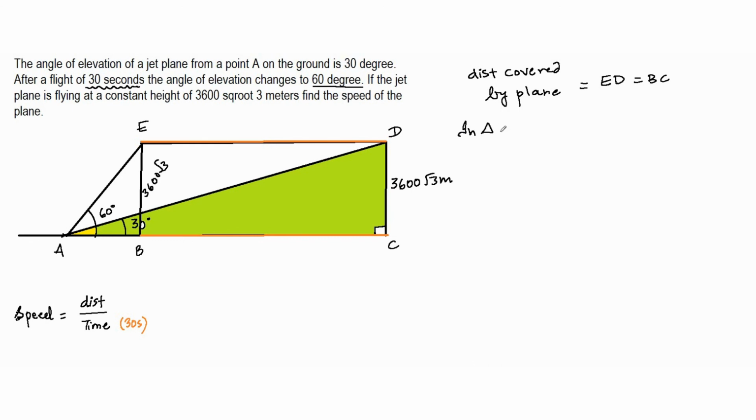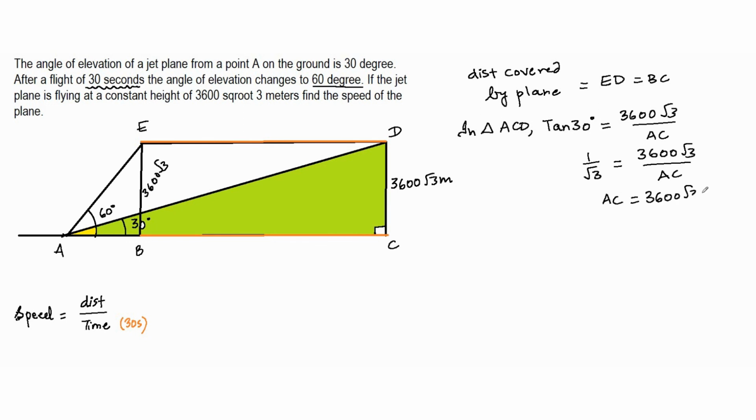So in triangle ACD, tan 30 degrees is given by the opposite side, that is 3600 root 3, divided by the adjacent length, which is AC, and therefore 1 by root 3 is 3600 root 3 divided by AC, and cross multiplying, AC becomes 3600 root 3 multiplied by root 3, which is basically 10,800 meters. Therefore, this complete length is 10,800 meters. Let's mark that.